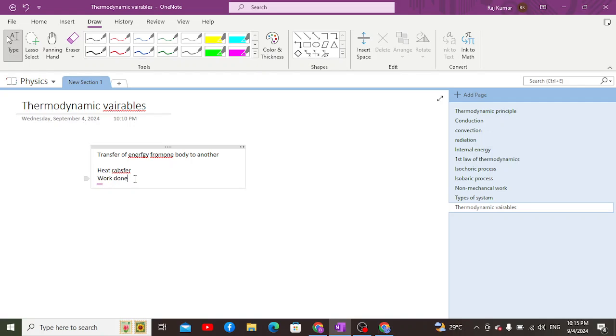And a system is separated from its surrounding by the help of a line which is known as the boundary. And that boundary can be imaginary as well as physical.